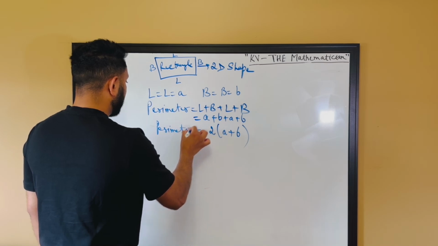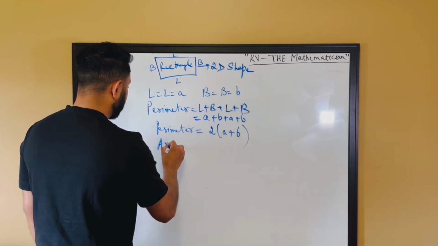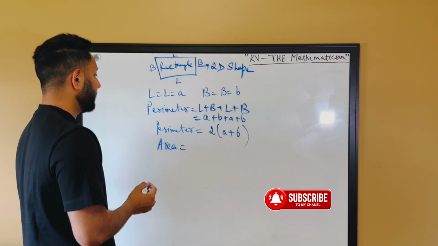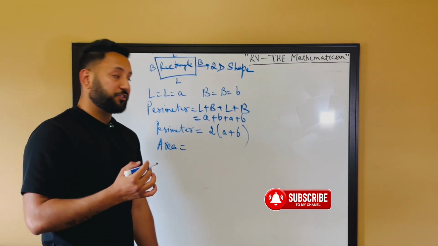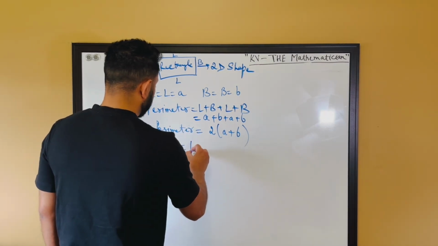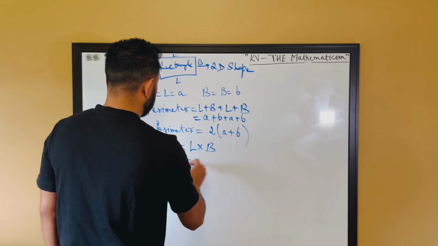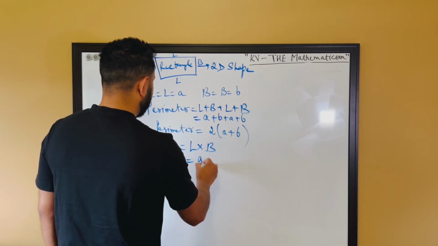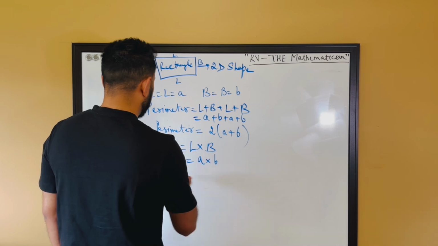And the formula for area of rectangle would be, as we know that area is a region enclosed by the figure, length into breadth. So length is A and breadth is small b.